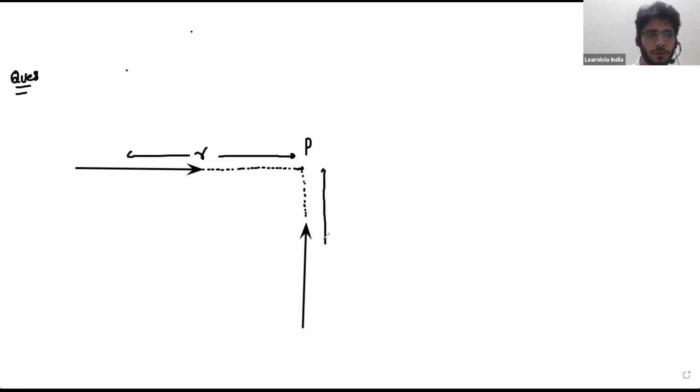The separation from the center of the second dipole is again r. The dipole moment is P1, and here the dipole moment is P2.